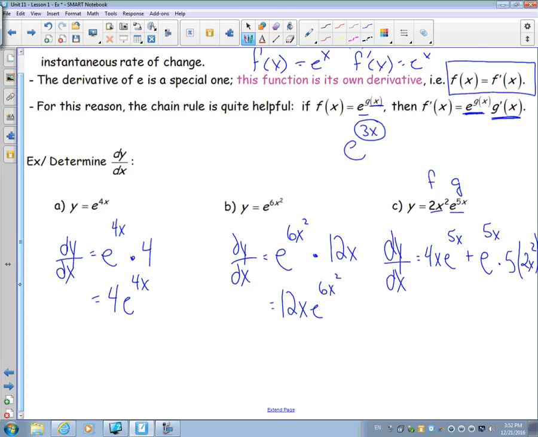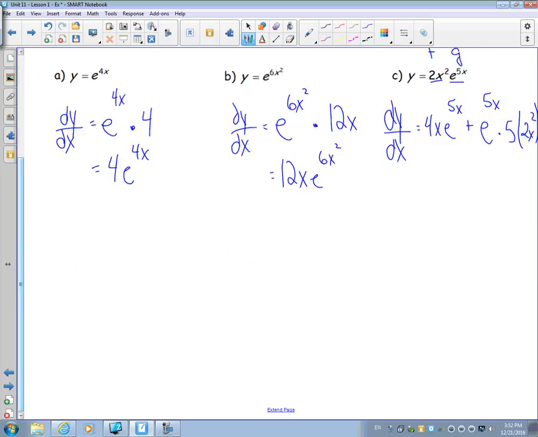For these kinds of functions, when we simplify them, we usually try and common factor. So you might notice they both have a 2x in them. I can divide this by 2x and this by 2x. I also have an e to the 5x in both of them, obviously. If I common factor that out, I'm left with a 2 plus a 5x.